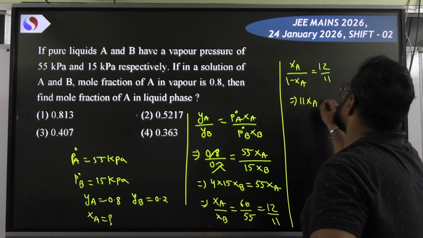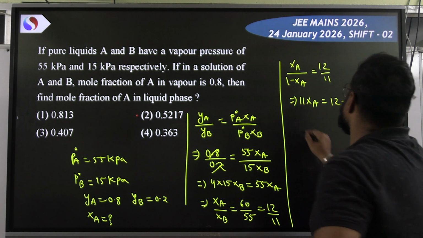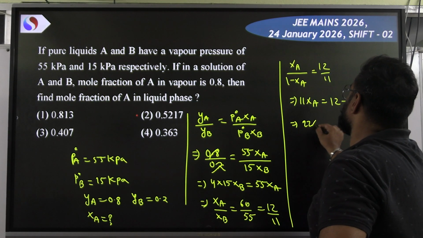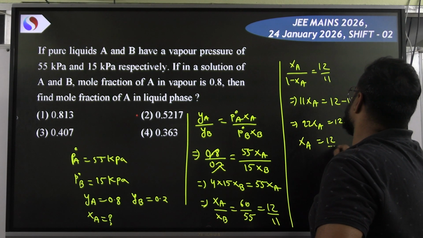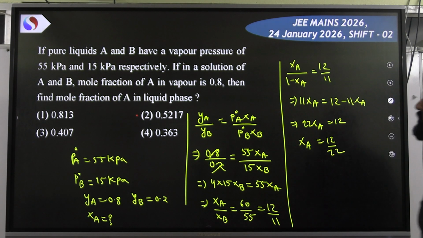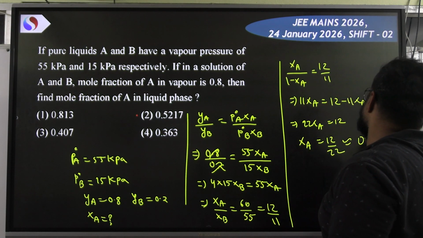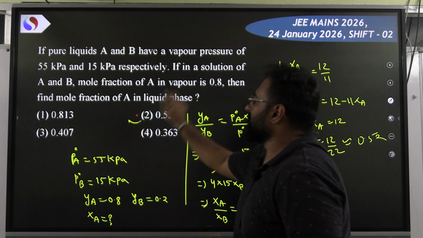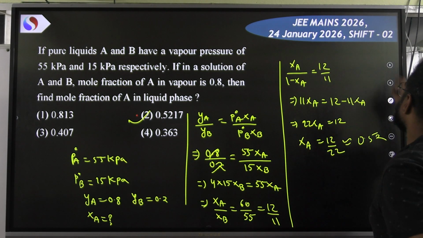So 11 Xa is equal to 12 minus 12 Xa, so 23 Xa is equal to 12. So Xa will be 12 by 22, which is nearly 0.5, greater than 0.5. So option number 2 is correct.